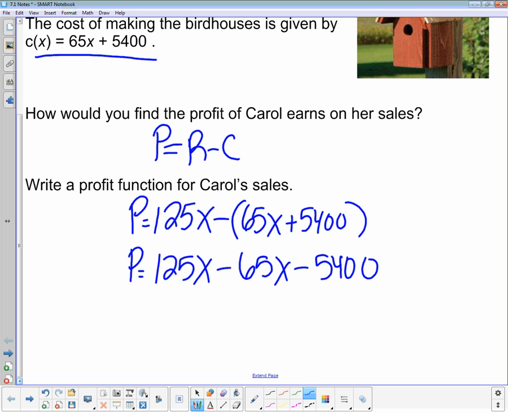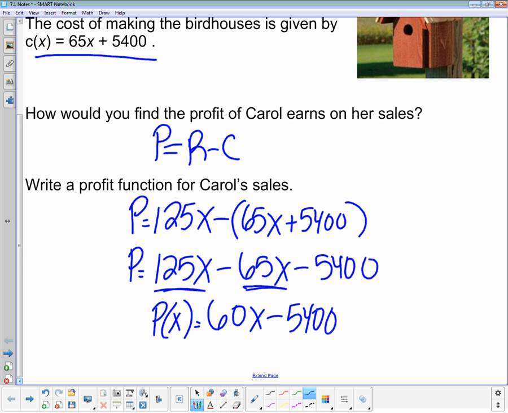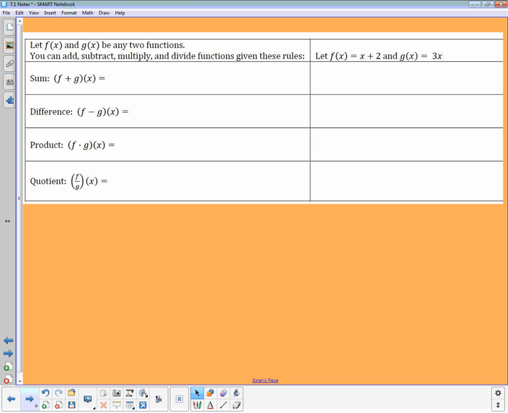Then combining like terms, we have 125x minus 65x, that's equal to 60x, and then we have our negative 5,400. And this would be our P of x, our profit function. So today, we're going to be doing operations on functions, basically adding functions together, subtracting them, multiplying them together, and dividing them.